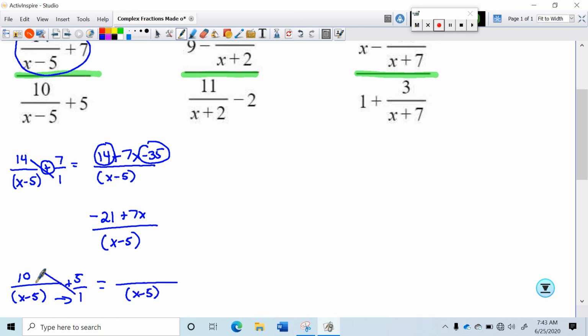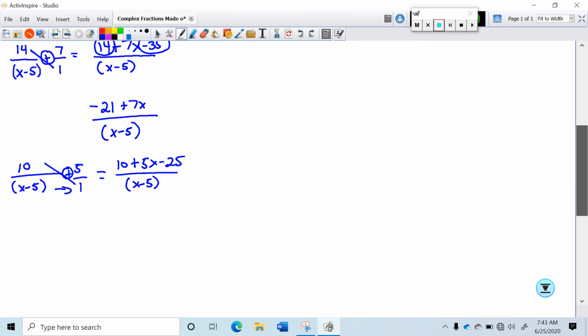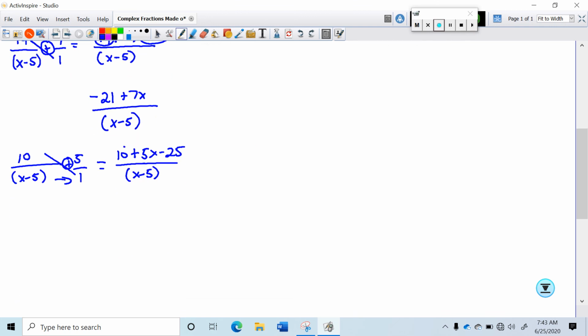Cross multiply the top. 1 times 10 is 10. Plus in the middle. 5 times x is 5x. And 5 times negative 5 is negative 25. So now I'm going to put my 10 and my negative 25 together and get negative 15 plus 5x over x minus 5.